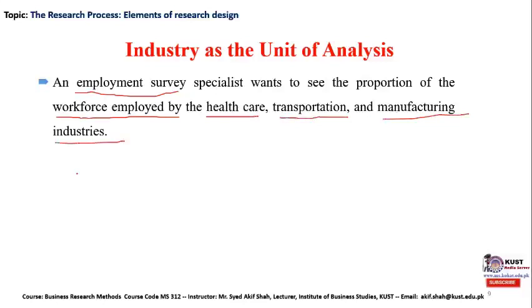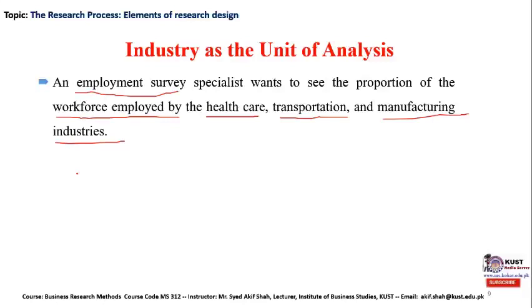So the student or the researcher must be clear about the industry definition first: industry means companies of similar nature are combined in one place, and it forms an industry. Like healthcare might include hospitals and private clinics. It also includes pharmaceutical companies, as well as surgical equipment manufacturing companies.